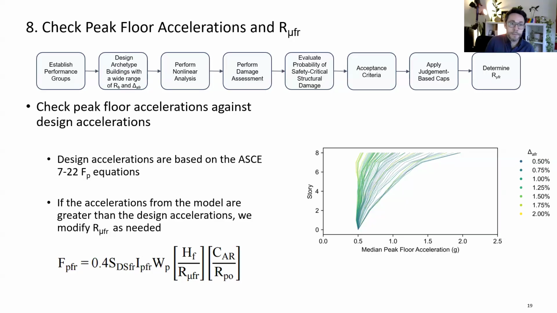But if the opposite happens and our analysis suggests that we have higher peak floor accelerations, then we need to adjust our mu of FR, which is essentially going to increase the accelerations that we use in design. And this is, again, important because remember, we're introducing lower RFR values. So we're essentially making structures stronger and stiffer, and this can lead to increased floor acceleration demands.